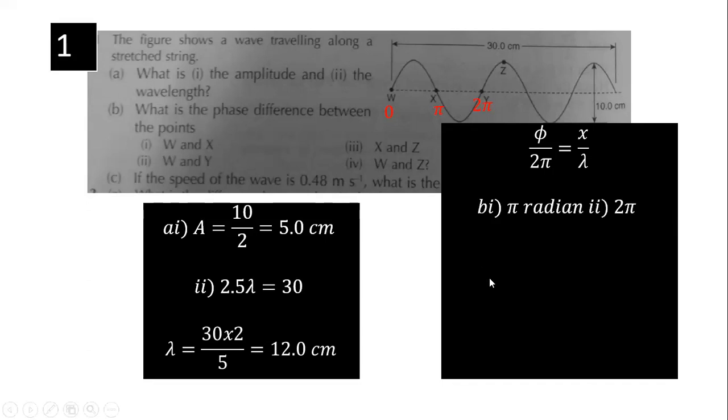Usually we prefer to use radian. How about X and Z? Yeah, X and Z. 270. Then the other one? W and Z. 450 over 360.